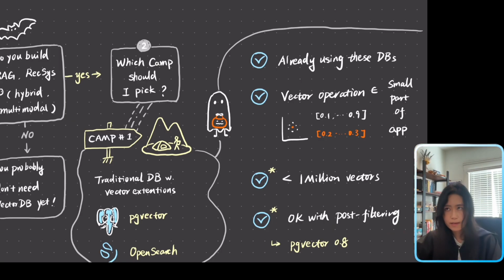What that means is you do the vector operation first, and then apply your metadata filtering, so after the filter you might have fewer items than the requested number. However, for pgvector 0.8, I believe you can set a parameter to relax the filtering, so it will incrementally find more items that meet both the metadata filtering and the vector search part.